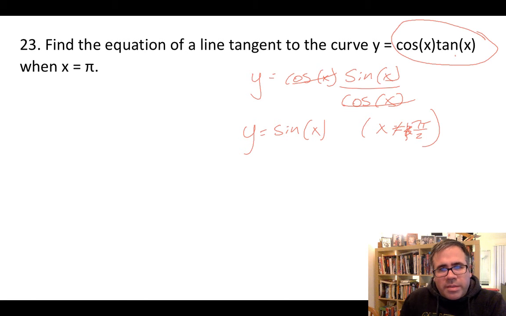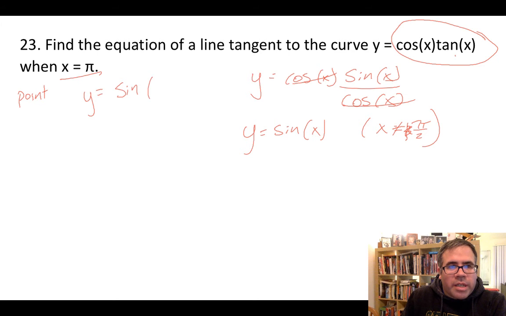As long as it doesn't equal that, which, hey, it doesn't, we can simplify to y equals sine x. Great. So once again, it's the equation of a line. We need a point. Well, we have the x is pi. We should find our y. Y equals the sine of pi, which is just 0. Okay, so our point is thus pi, 0.